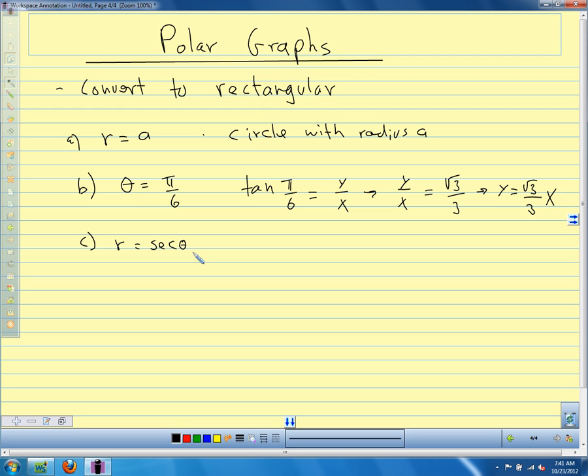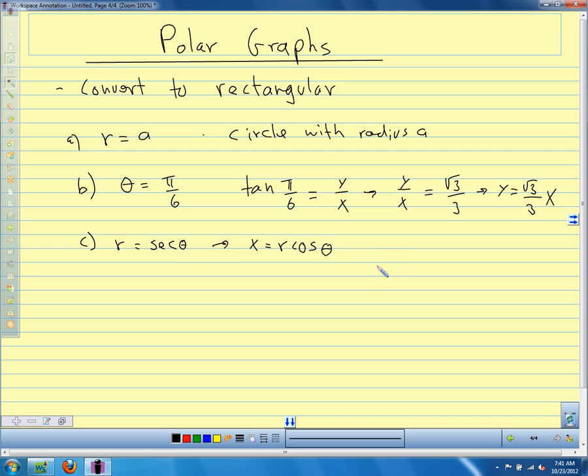Close. All right, how'd you come up with that? Because 1 over cosine, so you multiply by cosine, you get r cosine theta equals 1. Okay, so cosine theta equals x. So what Cole is saying is x equals r cosine theta. That's our conversion, right?